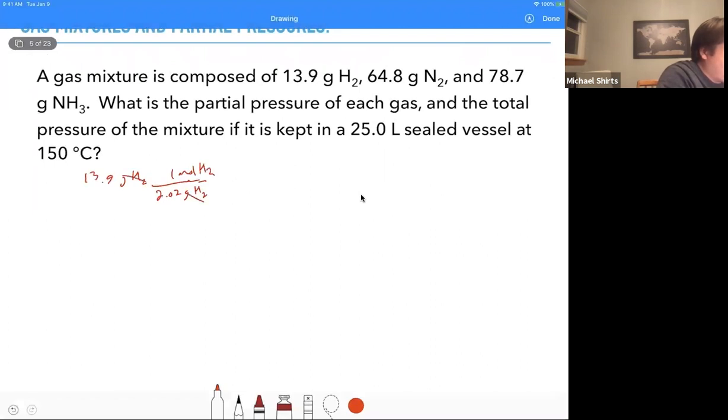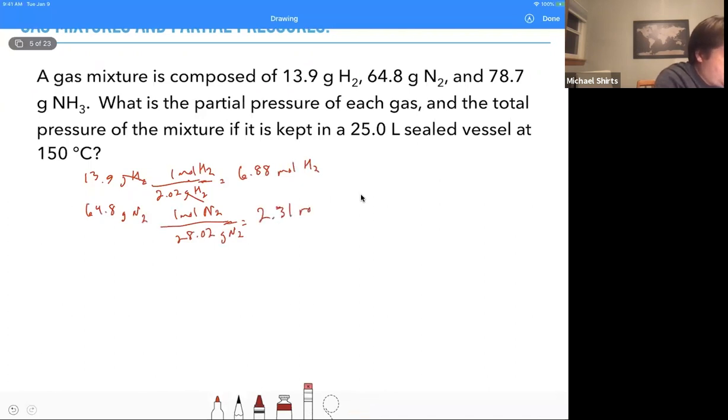The grams of H2 cancel, and we get 6.88 moles of hydrogen gas. 64.8 grams of nitrogen gas, 1 mole of nitrogen gas divided by 28.02 grams of N2 gives us 2.31 moles of N2.